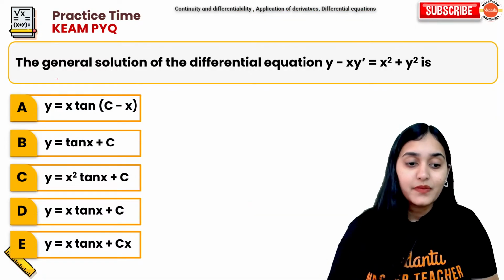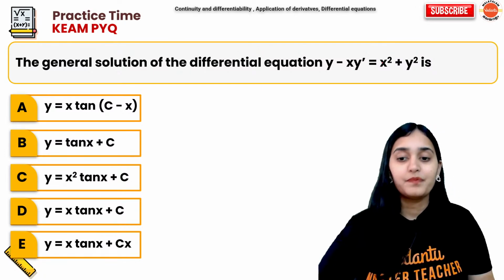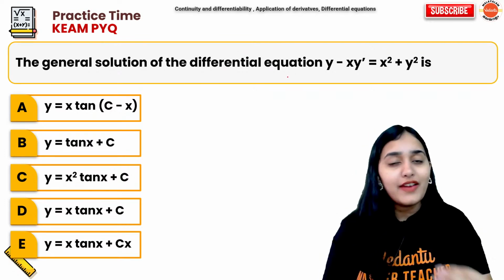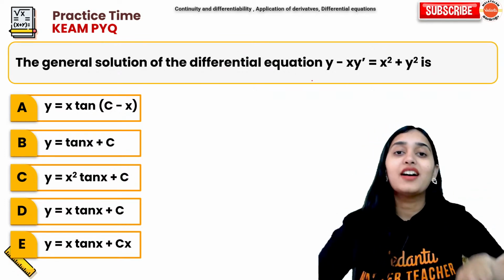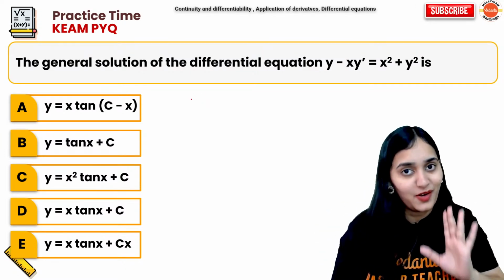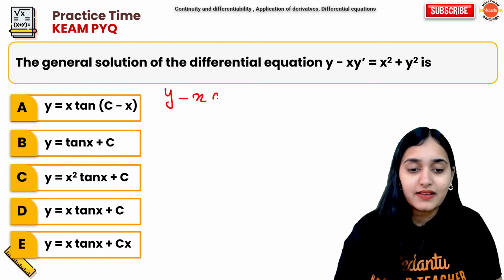Question number 1. The general solution of this differential equation is dash. Now, first, we always try to apply variable separation. Are we able to separate the variables or not? Okay, so let's try. So it is (y minus x) into dy by dx is equal to x square plus y square.